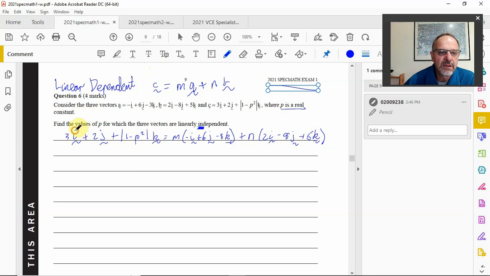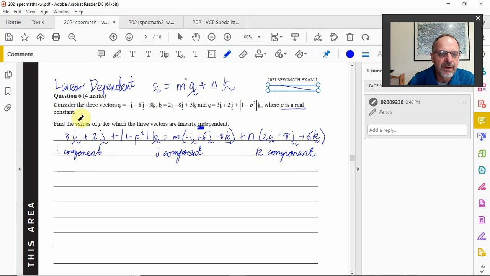Okay, so now we've got i, j and k components there, and what we're going to do is separate each of those. So I'm going to look at the i component, the j component, and the k component, and I'll look at them separately.